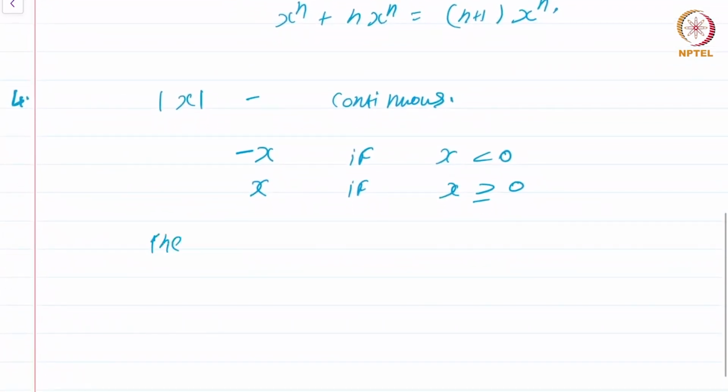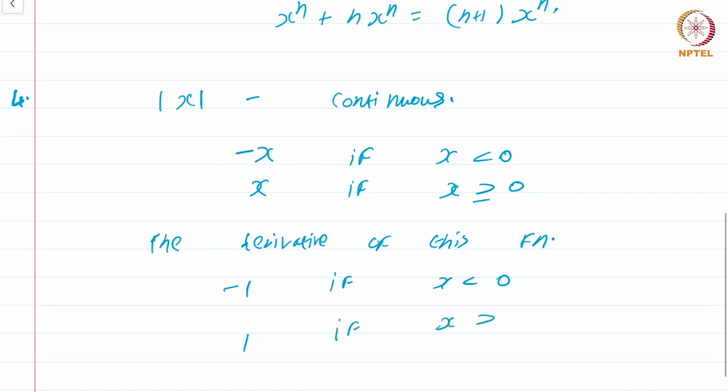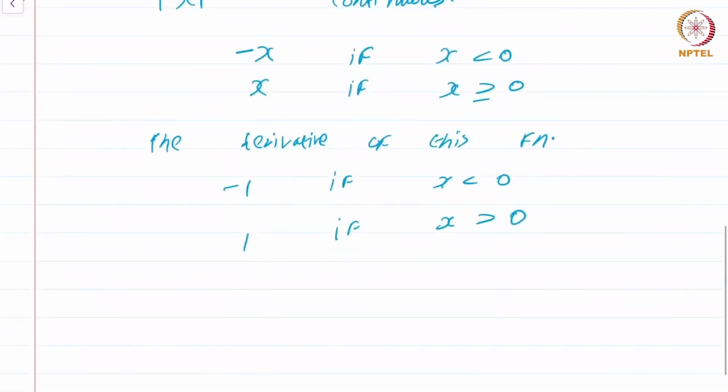So the derivative of this function is minus 1 if x is less than 0 and plus 1 if x is greater than 0. This much we know. What about at x equal to 0?